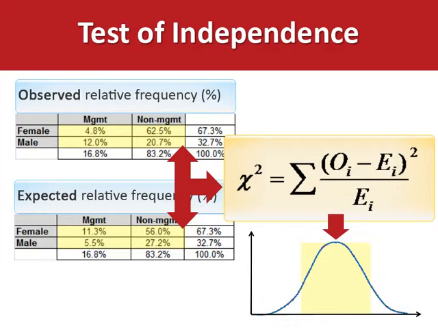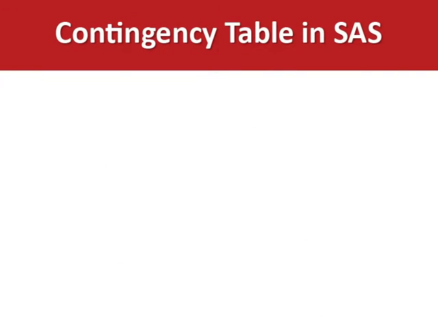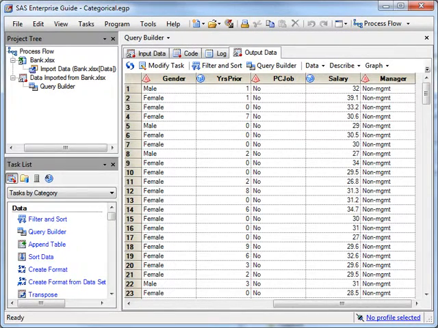So what I'm going to demonstrate now is how to do this chi-squared test of independence within SAS. As in Excel, our data here is in a very standard database format, meaning it's stacked. So to create a contingency table, we have to do the exact same thing we did in Excel.